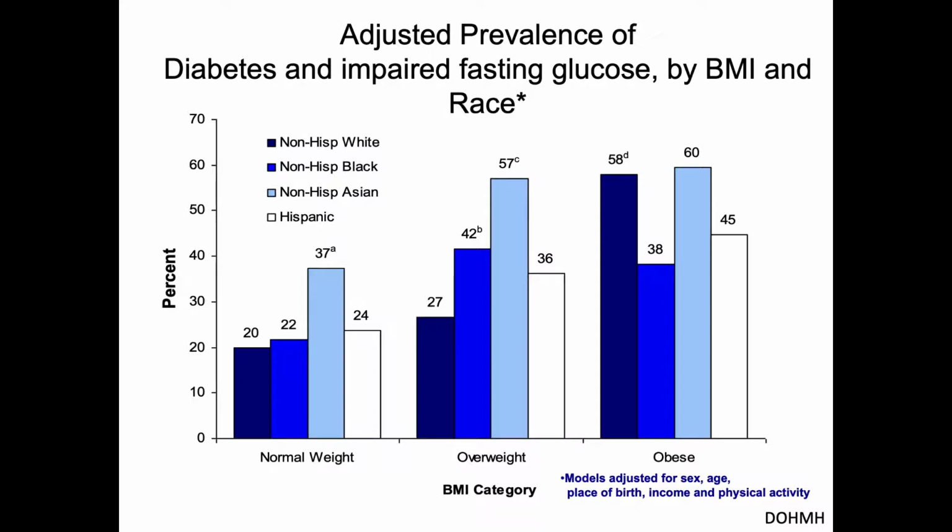This is also true among obese, but we also see, interestingly, among non-Hispanic whites, very high prevalence of diabetes and impaired fasting glucose among those who are obese, more so than non-Hispanic blacks and Hispanics.